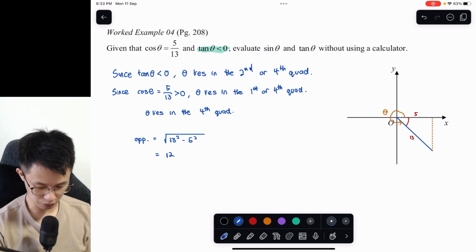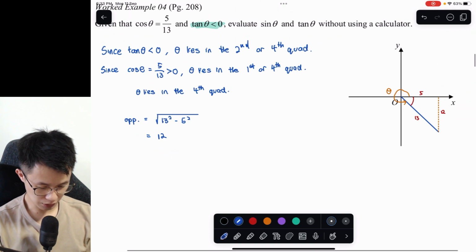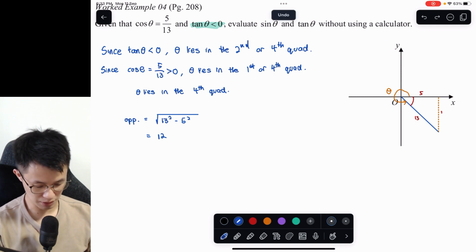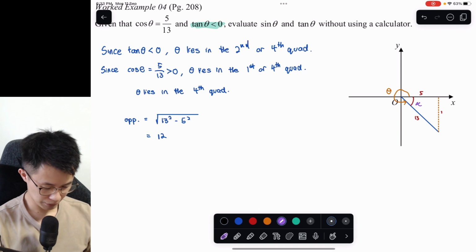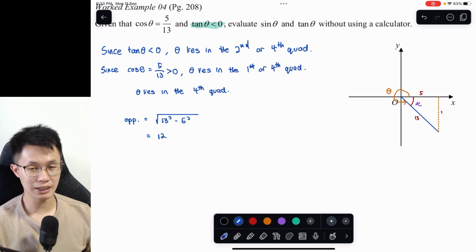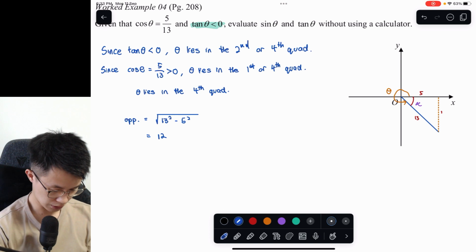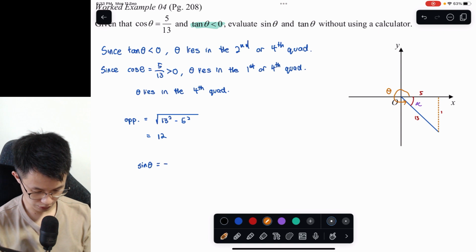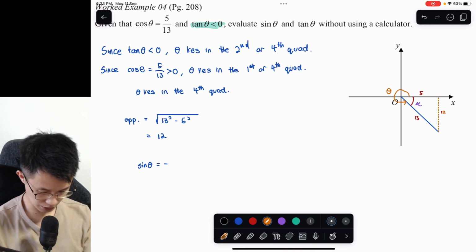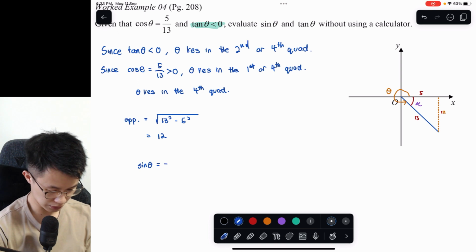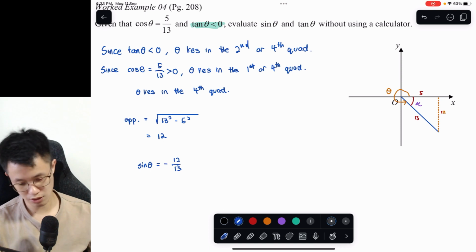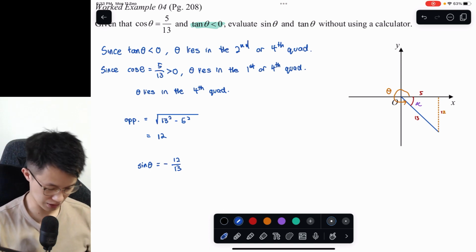So with the opposite being 12, we can now figure out what sine theta is. Now sine theta will just be based on the basic angle over here, it's alpha. But we know that sine will be negative here, so therefore sine theta is the negative of 12 over 13, which is simply the negative of the basic angle's ratio.